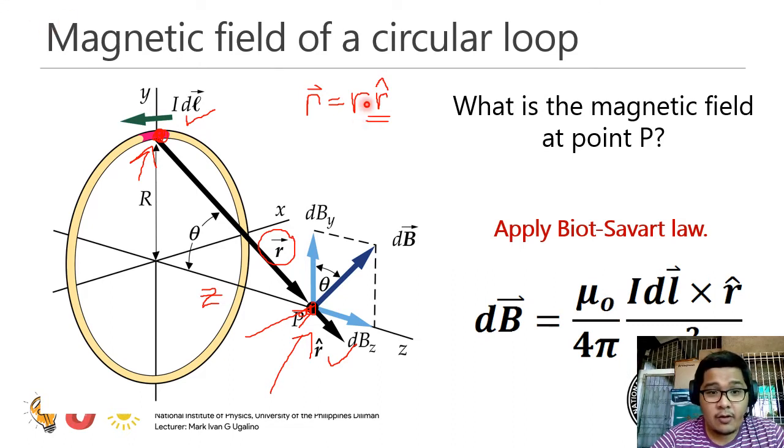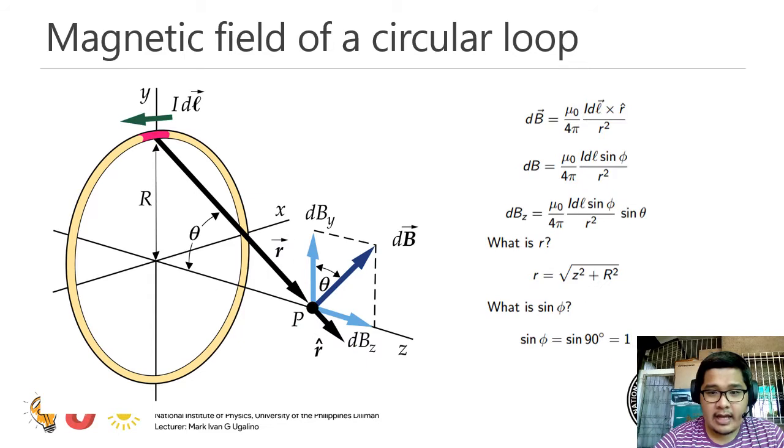So, how do we obtain your magnetic field for this particular length vector? Now, we know that dl cross r hat is just your dl sine phi, where phi is the angle between dl and r hat.